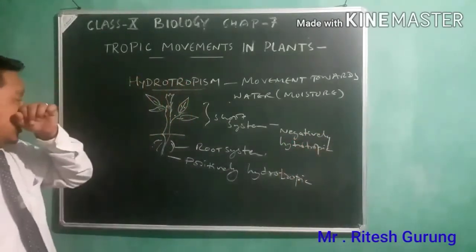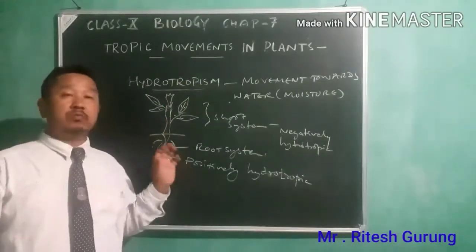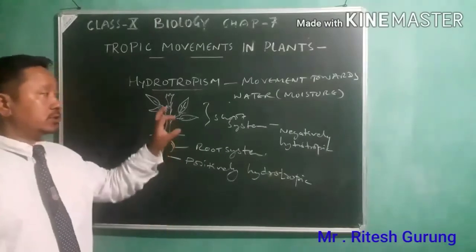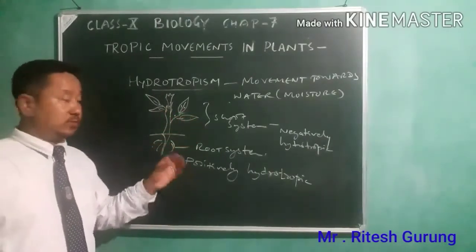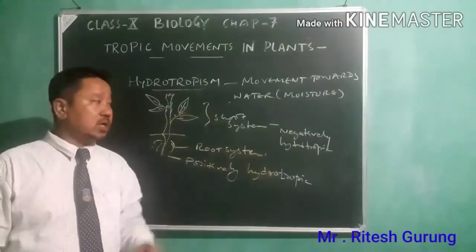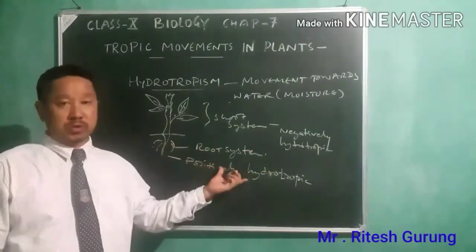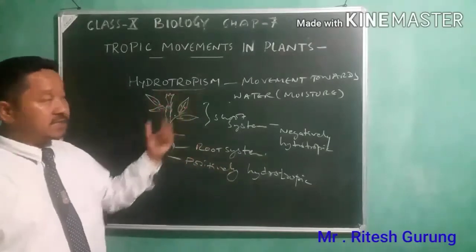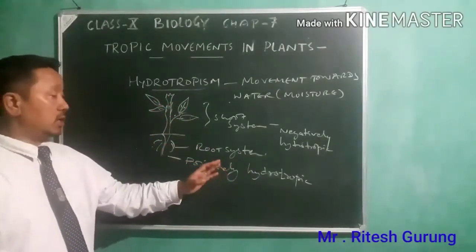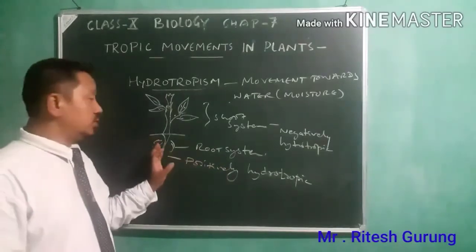In this case also we see the two different movements by the two different systems, the shoot system and root system. Root system is positively hydrotropic, moving towards the source of water or moisture, because the plants need water, which is supplied from the root system only.